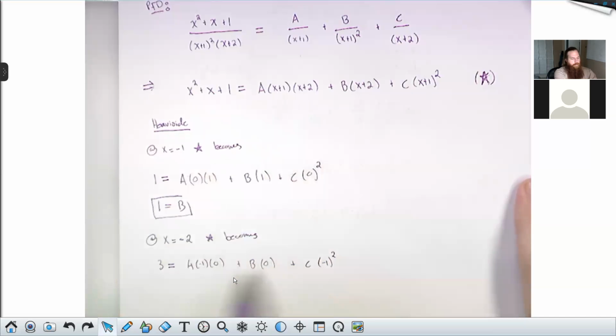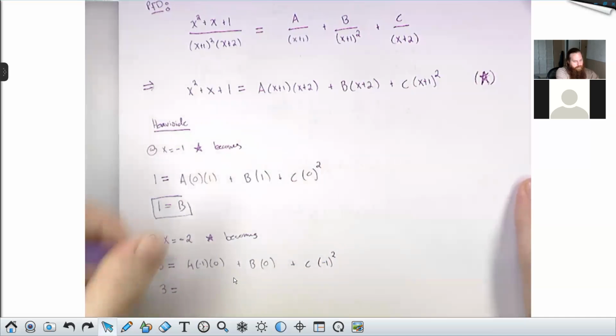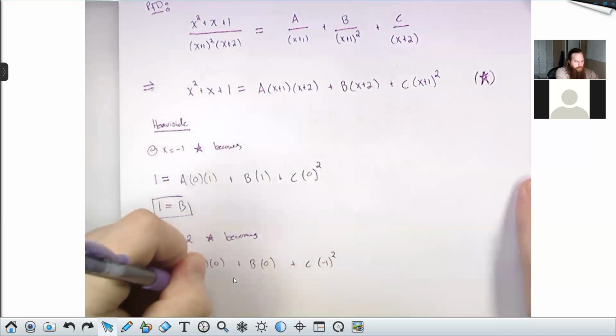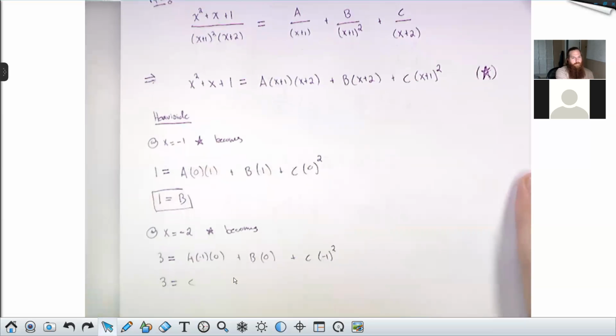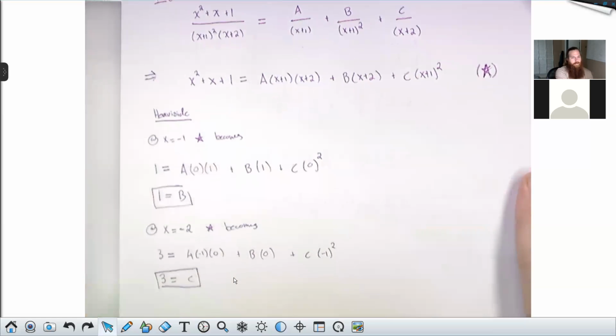Both of these are 0, so this says 3, sorry, is equal to C times (-1) squared. (-1) squared is 1. So C is equal to 3. And it comes just that easily.